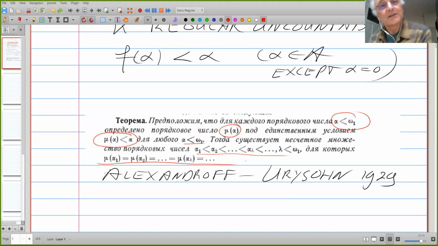If you have a regressive function on omega 1, then it is constant on an uncountable set. Alexandrov and Urysohn use this in general topology in all kinds of examples. I'll mention a few of those later on, but this idea is already quite old. That people try to look at functions that look down on cardinals.